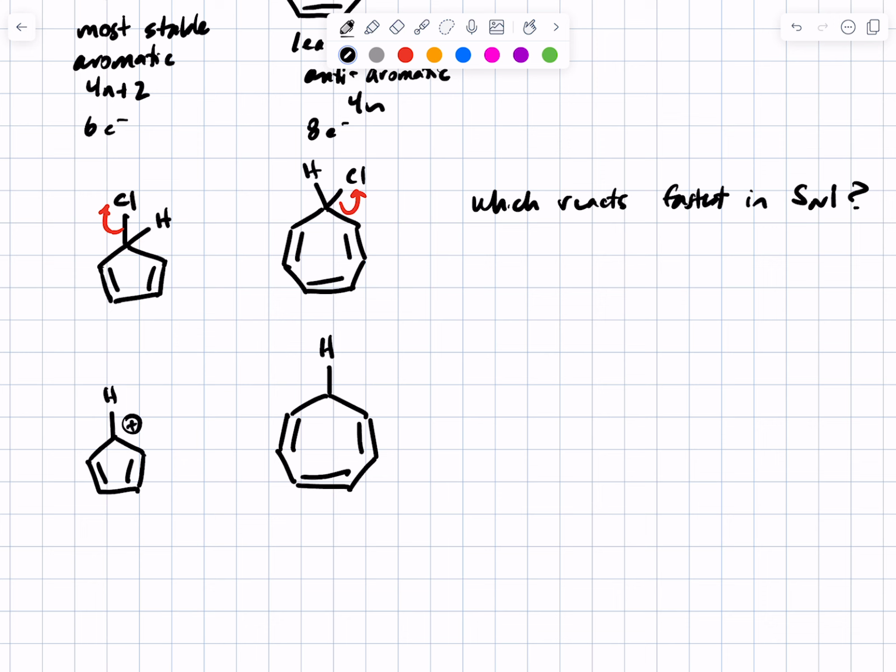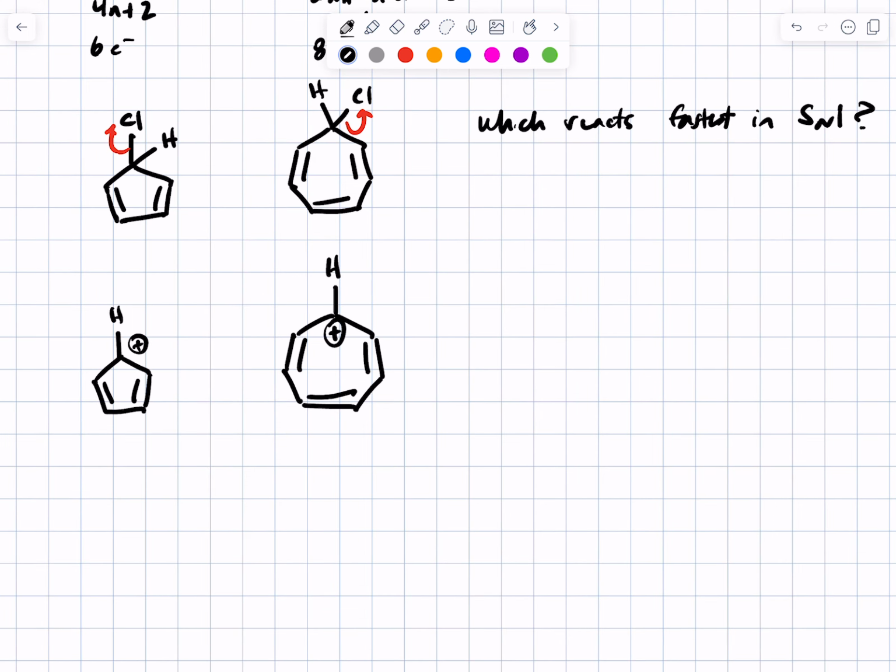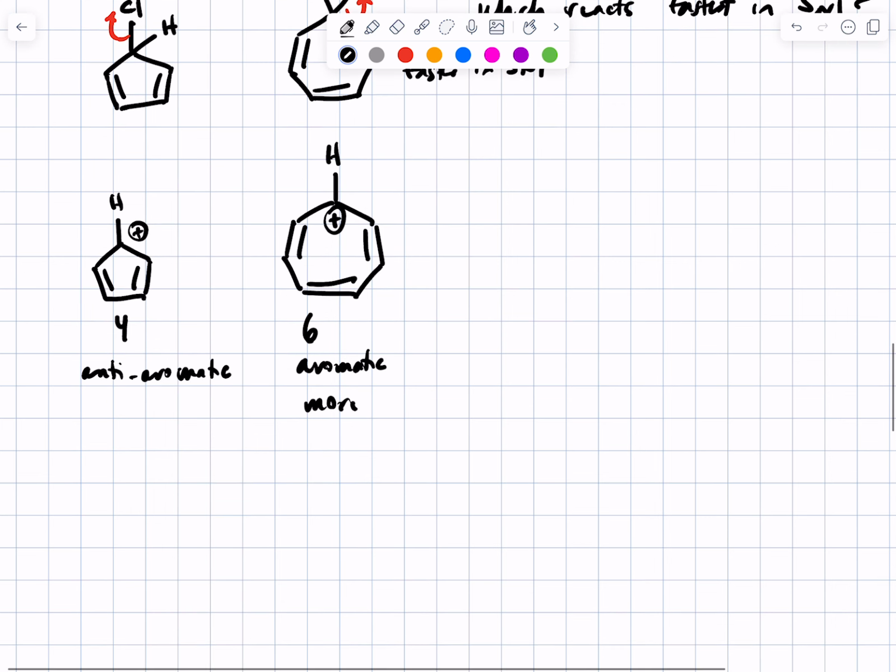So draw the carbocation, which I've now made happy to disclose what the answer is, but it's obvious at this point, right? 6 electrons, 4 electrons, aromatic, anti-aromatic, faster in SN1 because this is a more stable carbocation.